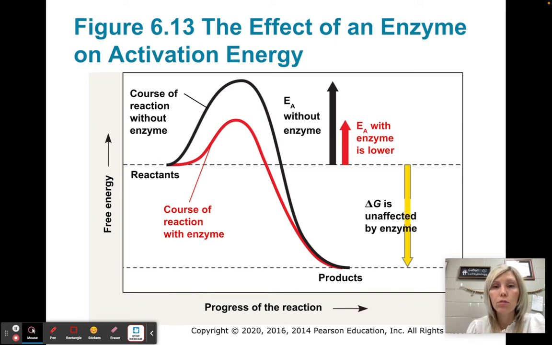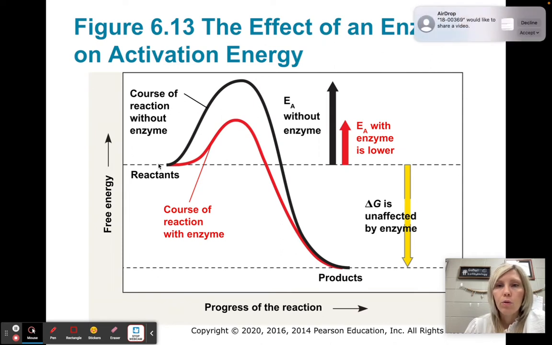It looks like the last one that was shown to you, except there's two lines. The one that is in red represents the reaction with the enzyme. And the one that's in black is going to be the reaction without the enzyme.